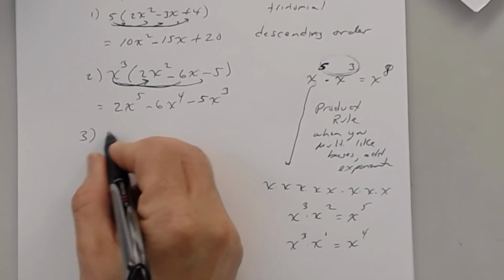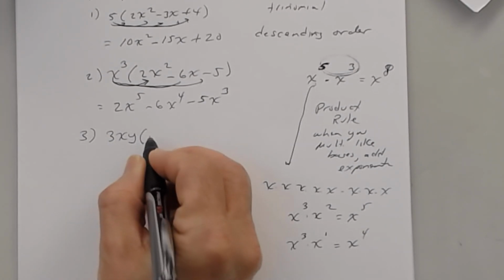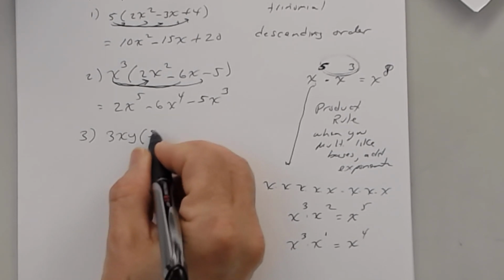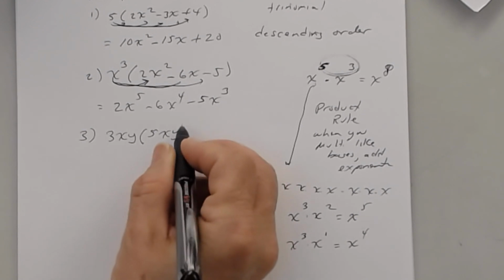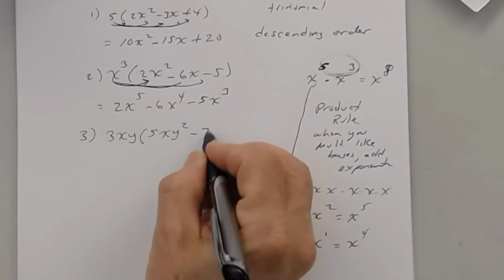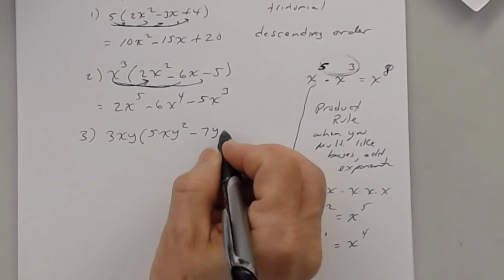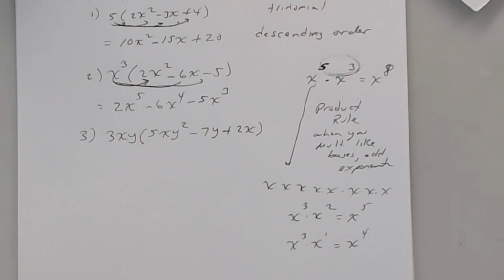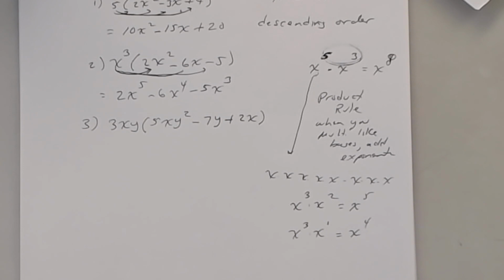All right, 3, suppose you have 3xy times 5xy squared minus 7y plus 2x.